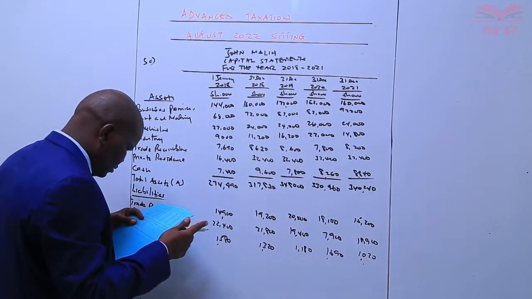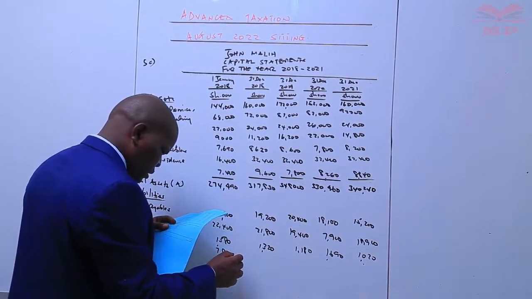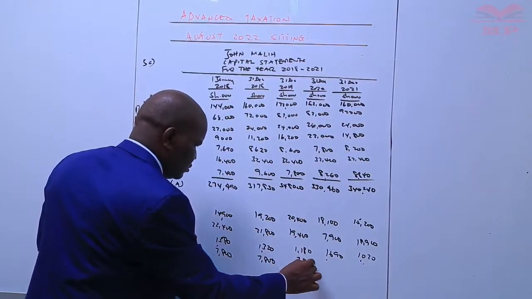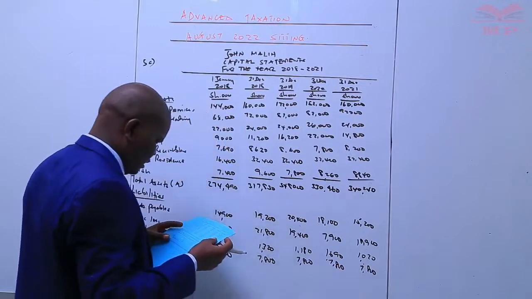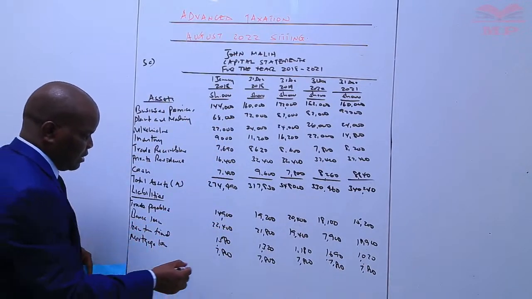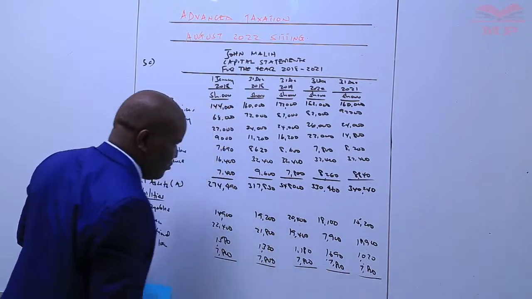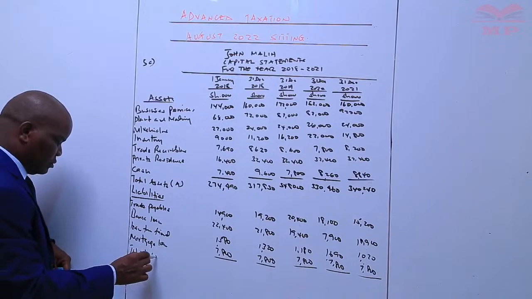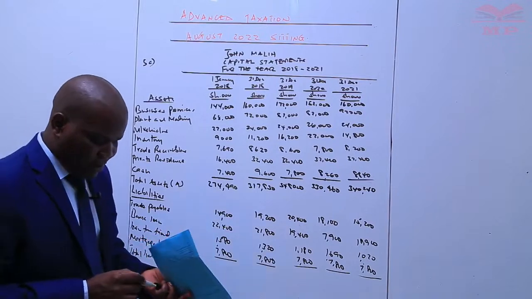It's 7800 all through. Yes, and if you are keen, that is the last liability we have. So the next thing we do is to get total liabilities for each case. We can mark it B for illustration purposes.